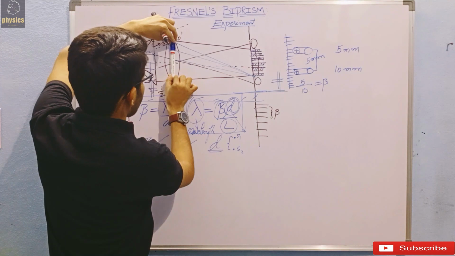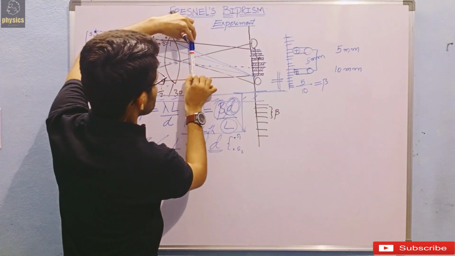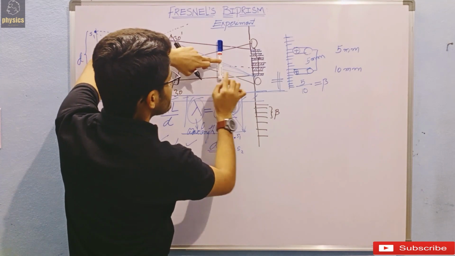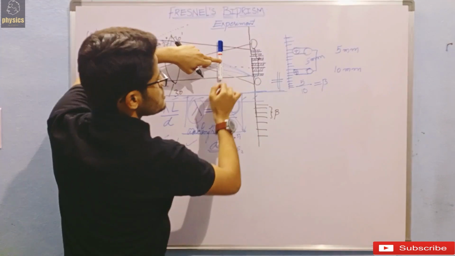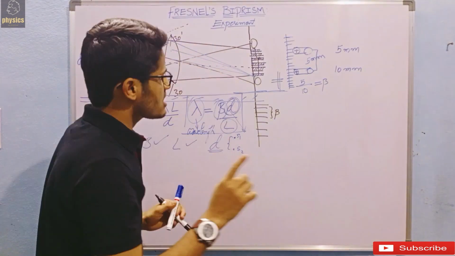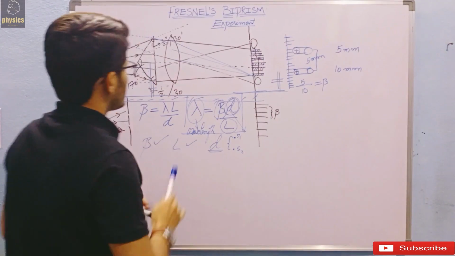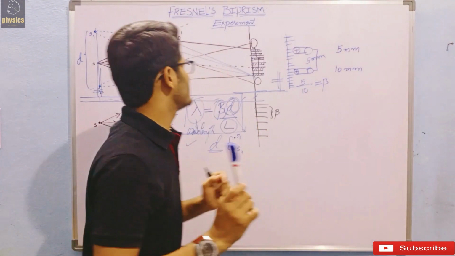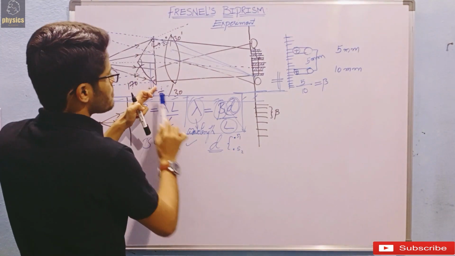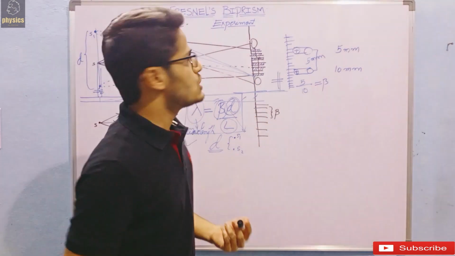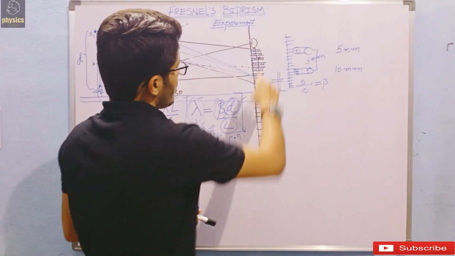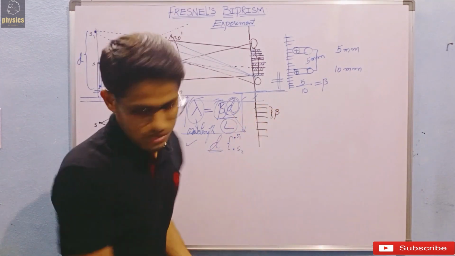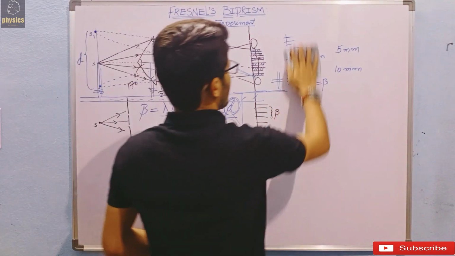As you move the lens towards the screen, there will be another point where you can get sharp images of S1 and S2. The focal length of the lens should be less than 1/4 of the distance from the biprism to the final screen. Then only will it be useful, and then only will you get sharp images of S1 and S2. To explain that, I'll be using a different diagram here.